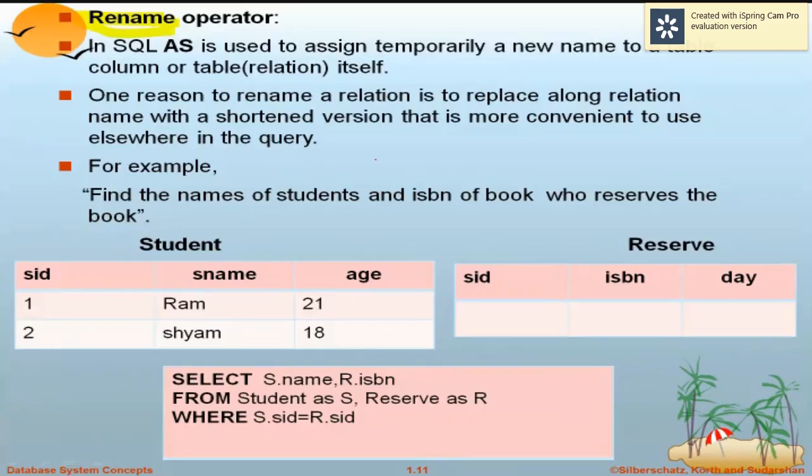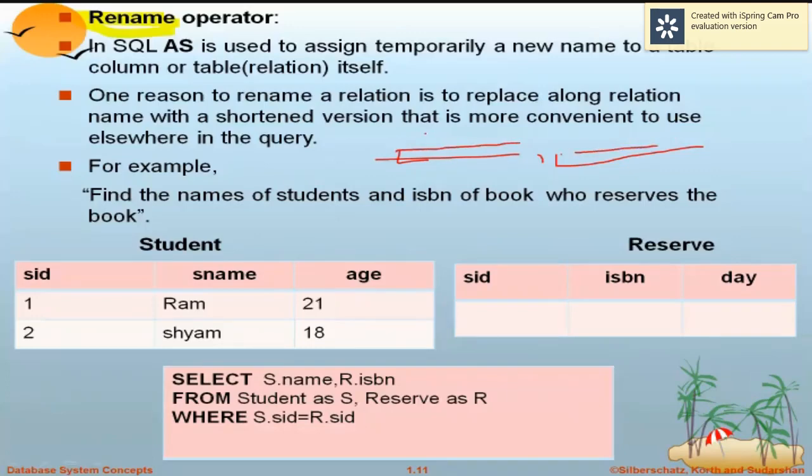Sometimes the table names or the column names are so long that writing them again and again would be a little inconvenient. To overcome this, we rename those big table names or column names into a short form.